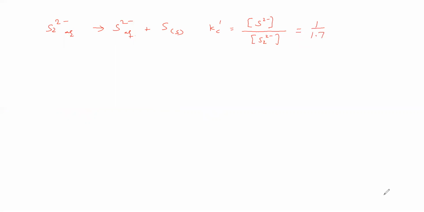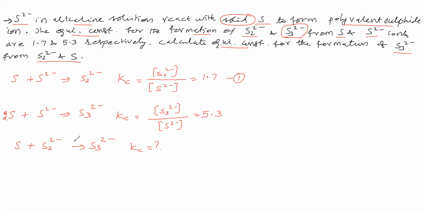Next we will take this. Now we want S3 2 minus on the right side in the required equation. That is available in the second equation. So take the second equation as it is.